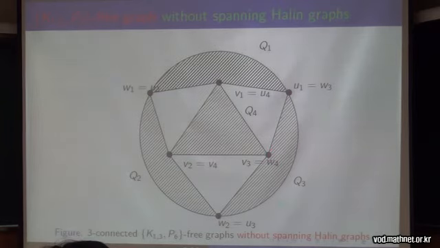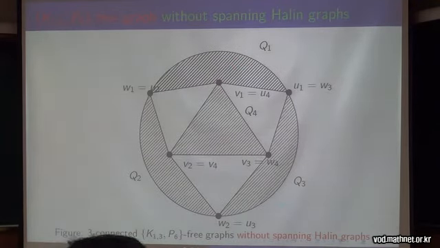So at most 2 vertices in a clique, and at most 3 identified vertices. So you know, we cannot have a P6, and we can also show that there does not exist a spanning Halin subgraph.